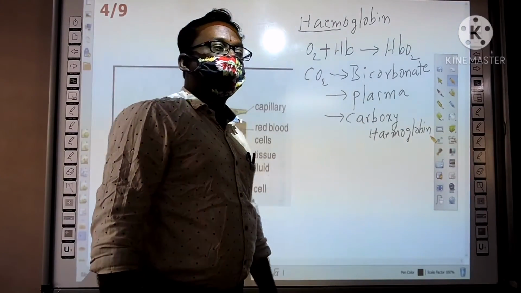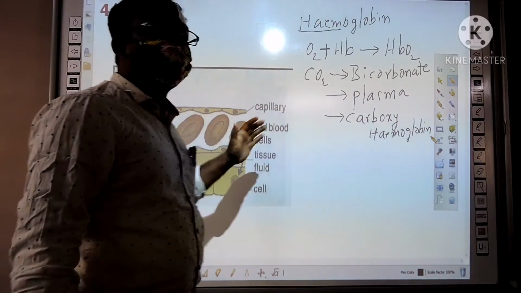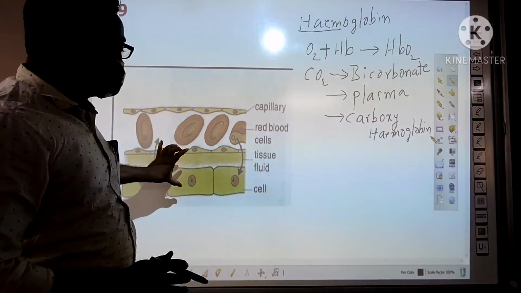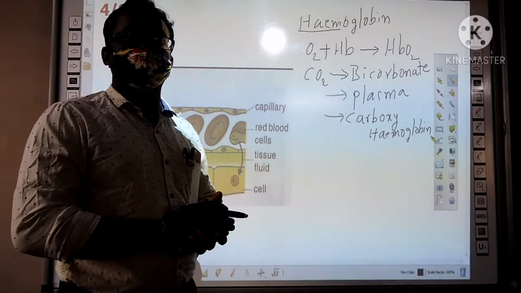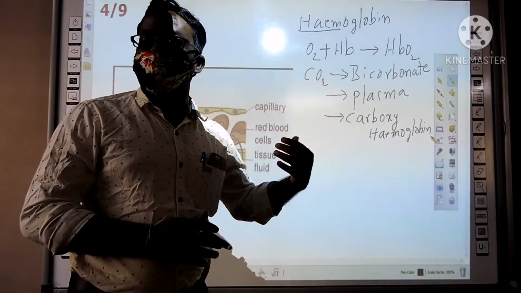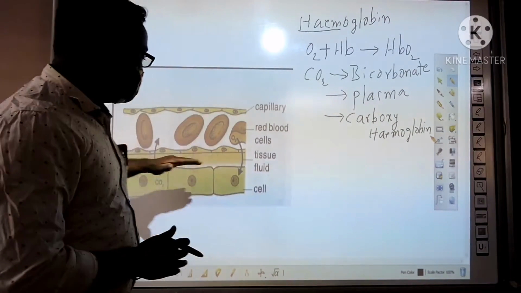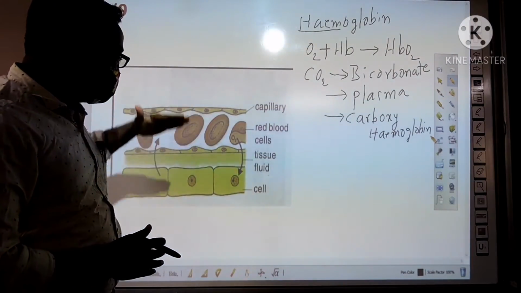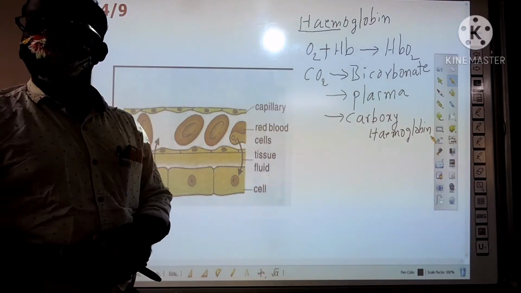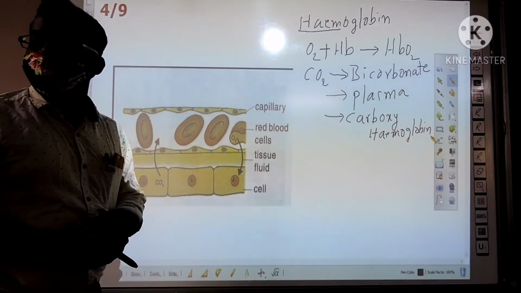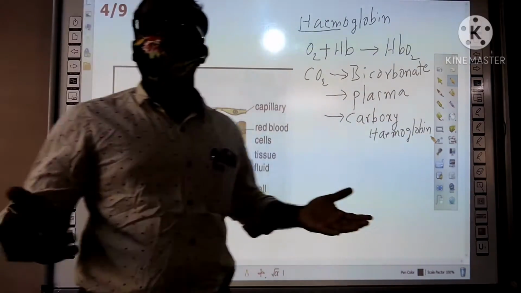Now let us see how the exchange of gases takes place between the blood and cells or tissue. In the previous topic, we discussed gas exchange between blood and alveoli. Now, between the blood and tissue. In the tissues, respiration takes place. In respiration, oxygen gas is used.